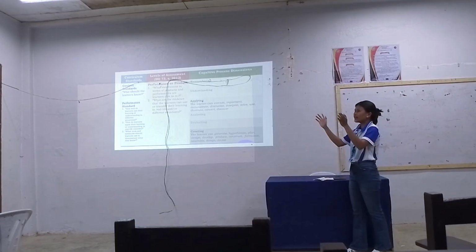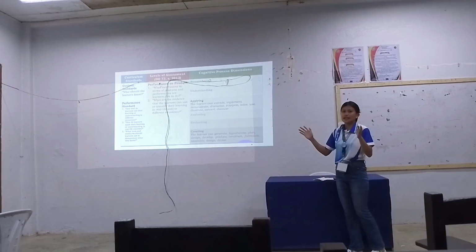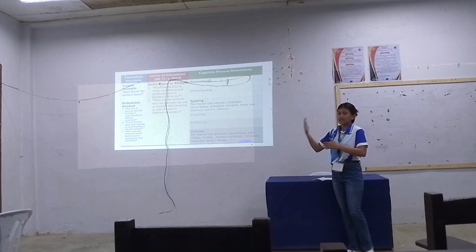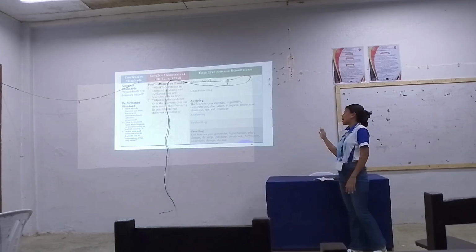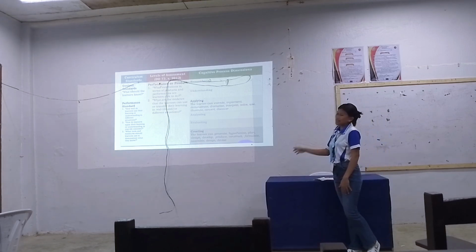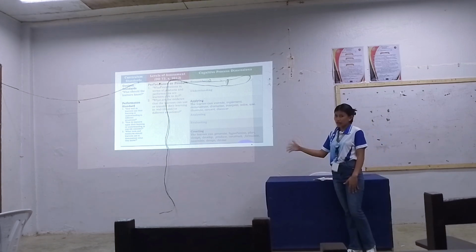So from recalling to demonstrating until the students will be able to create something in relation to the content standard. So they are aligned and connected to each other. The curriculum standards, level of assessment, and cognitive process dimensions are connected.